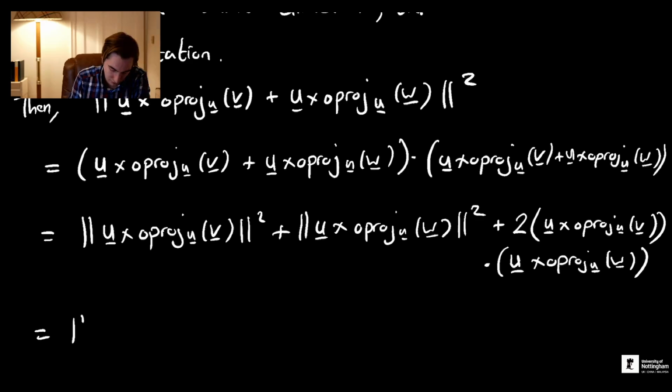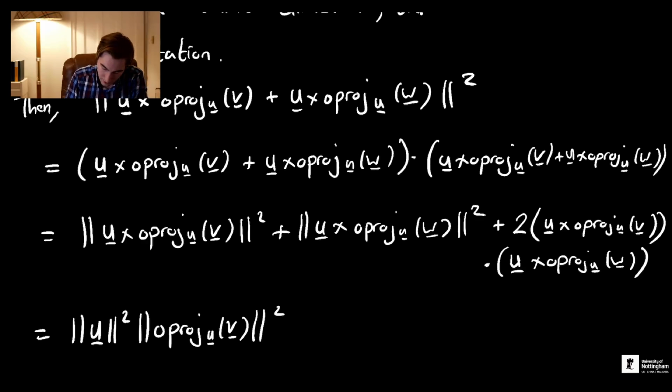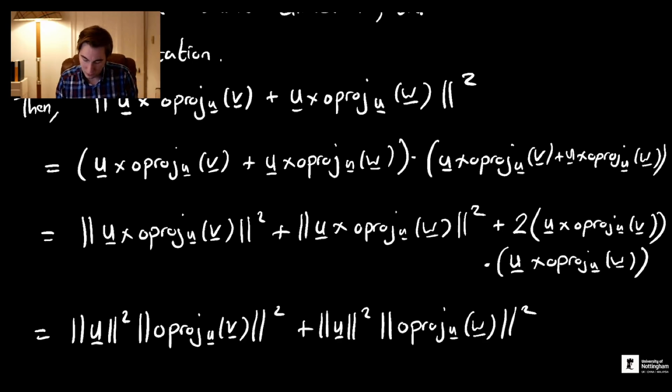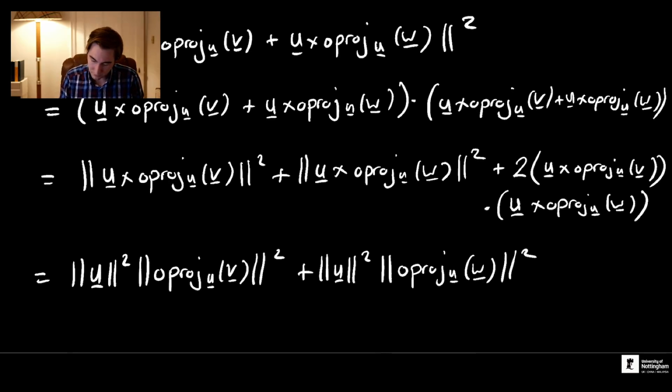So this is simply going to be the norm of u squared times the norm of the orthogonal projection of v onto u all squared. Similarly, we get a term like that here, the norm of u squared times the norm of the orthogonal projection of w onto u all squared.